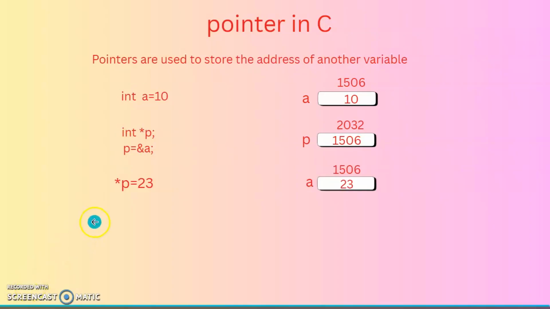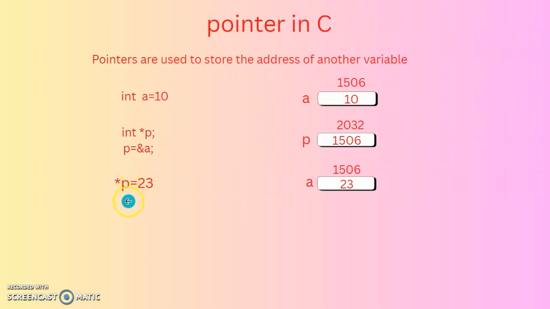Now this statement, asterisk p is equal to 23. The meaning of this statement is content stored in the address specified by pointer variable p. What is the address specified by pointer variable p? It has the address of a.